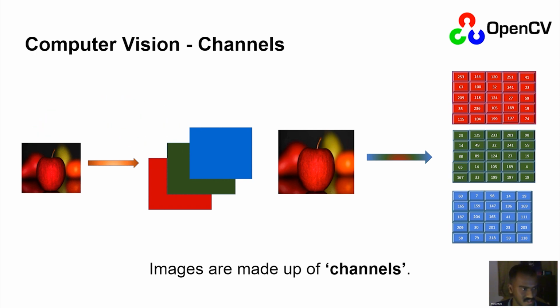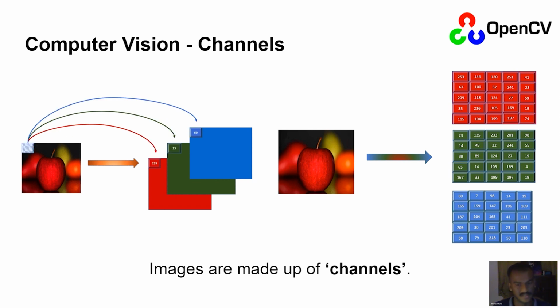The top left corner of the red channel shows 253, the same pixel in the green channel shows 23, and the same pixel in the blue channel shows 60. When you merge these matrices together, you get this pixel over here. This is what it's trying to represent using multiple channels. Just using three channels, you're able to manipulate and create new colors and visualize the image as it's meant to be.